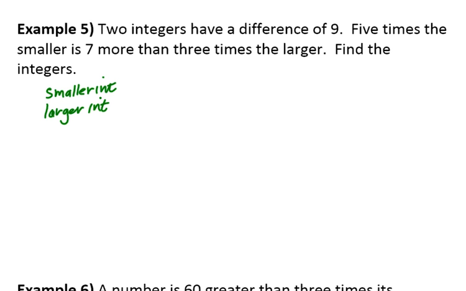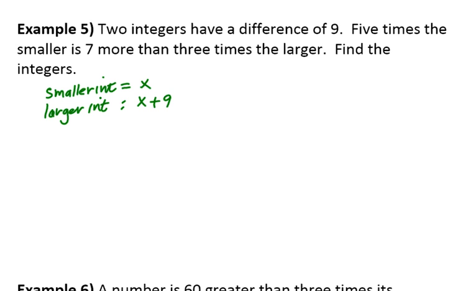We'll let the smaller one be equal to x. And since the 2 integers have a difference of 9, the larger one's got to be larger, so we're going to add 9 to it. So the larger one would be x plus 9, so it's 9 bigger.